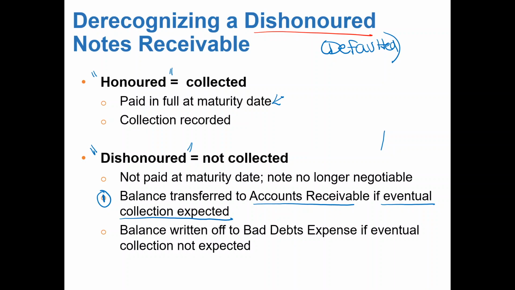However, if you get to the maturity date and maybe the other party's gone bankrupt, or for some reason you just don't think you're ever going to see that cash, so the eventual collection is not expected, this is the second option here. You just write off that amount. So instead you move it out of the note receivable and just record it as a bad debt expense.